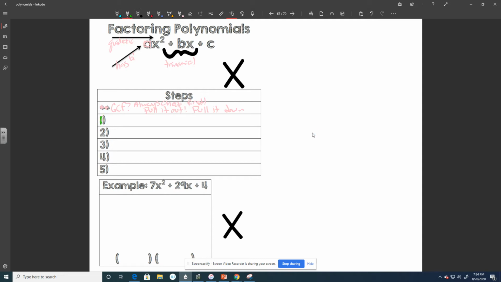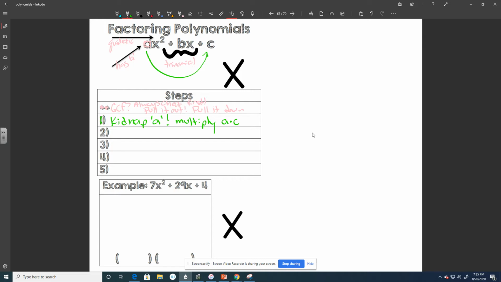So step one, the first thing that we're going to do is deal with this a. We don't like it being there. So we have to steal the a from the front and move it to the c at the back. So step one is to kidnap a. We're going to multiply it at the back. And this is totally breaking so many mathematical rules, but we're going to do it anyway.